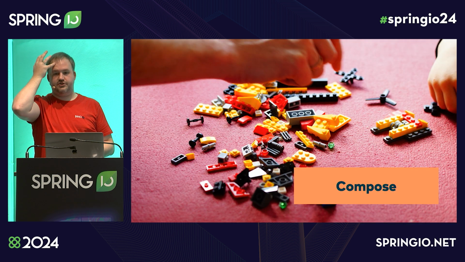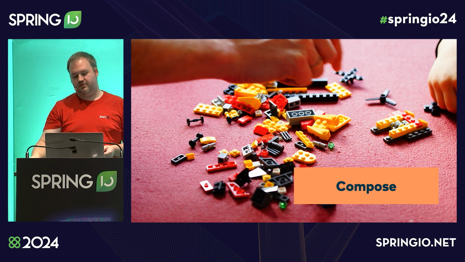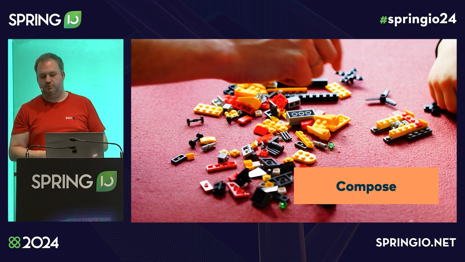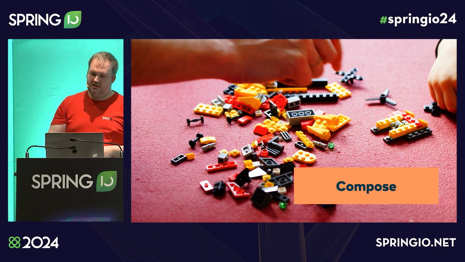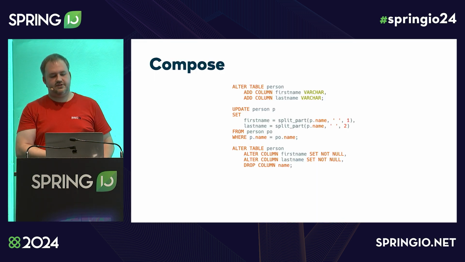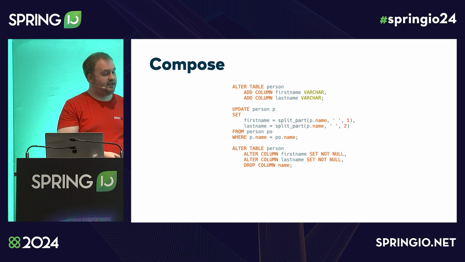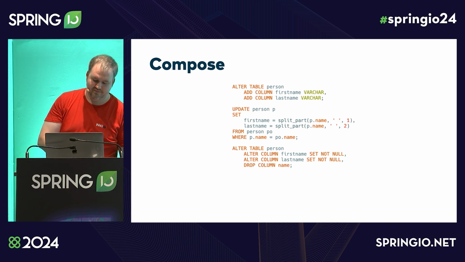Okay. So second strategy, I call it, or when I created the slide, I thought about it as composing. So imagine, and that's basically a problem we had in one of our projects in real life, you have some very complicated migrations for your database.